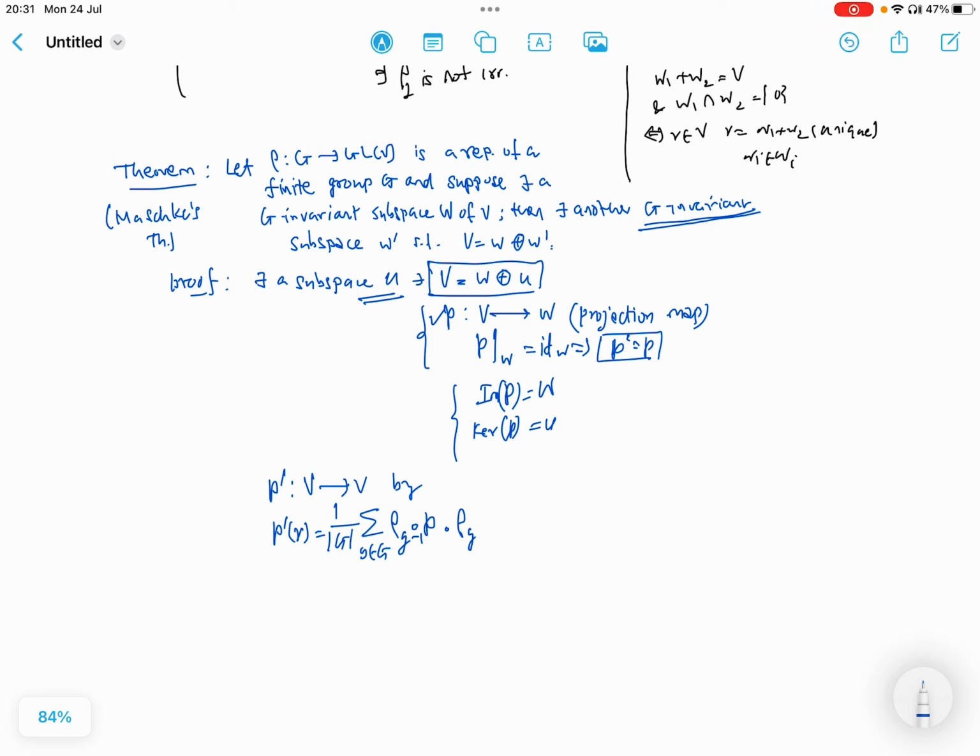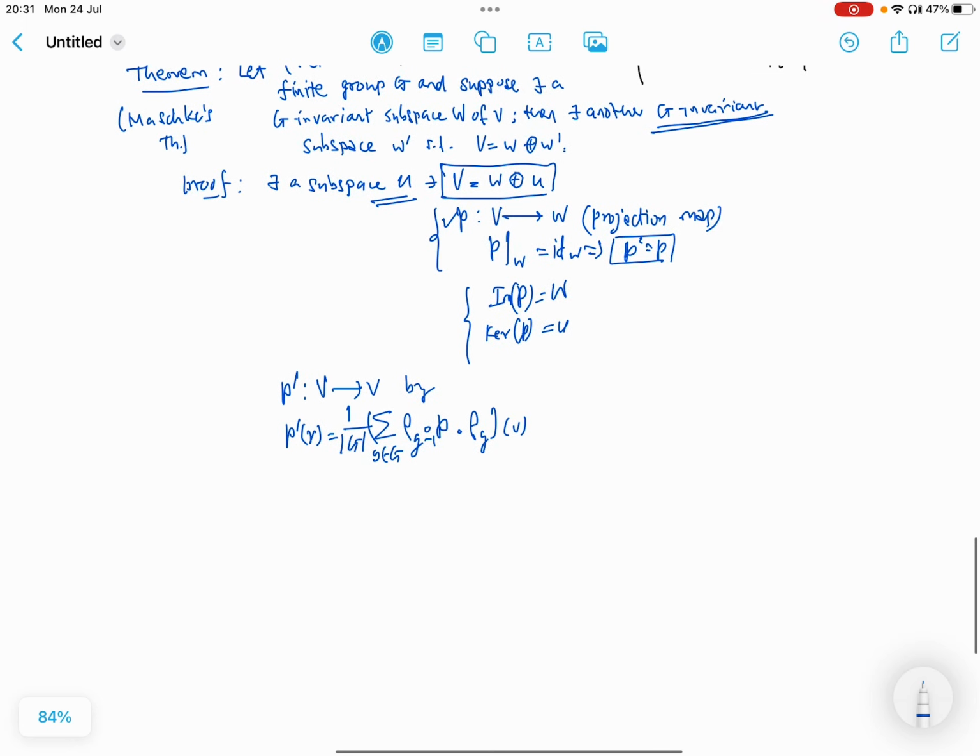Now you may wonder why I chose this particular map. You will soon get to know why, and you will then realize how natural it is to choose such a map.